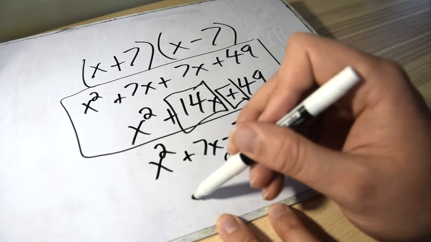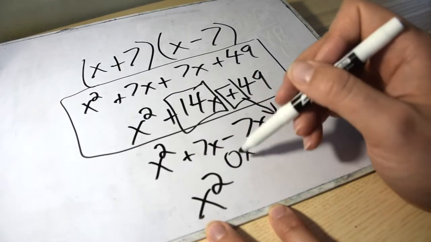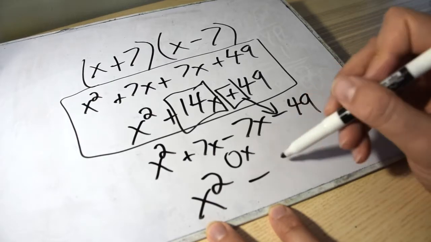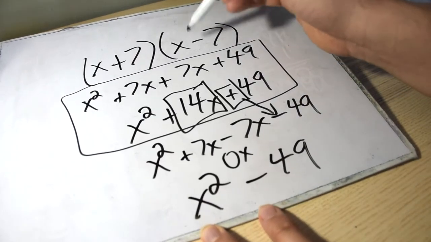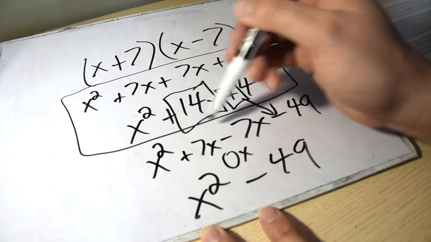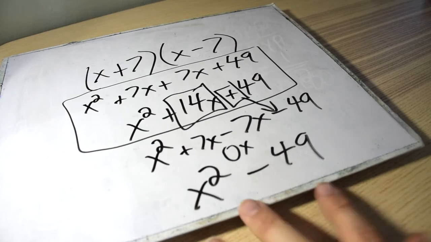So my final answer is x squared plus 0x, which we don't even include, minus 49. So you'll see that the negative sign influences that middle number, and it influences that plus sign. So just be careful about those negative and positive signs.